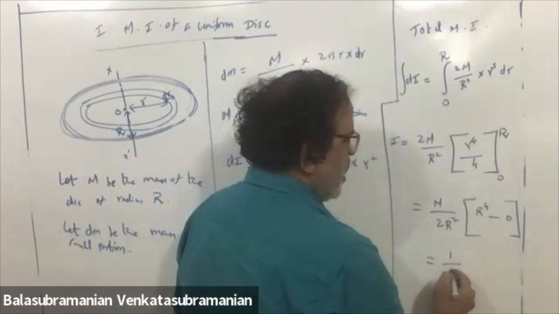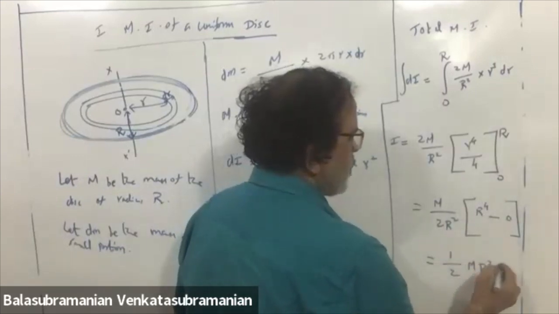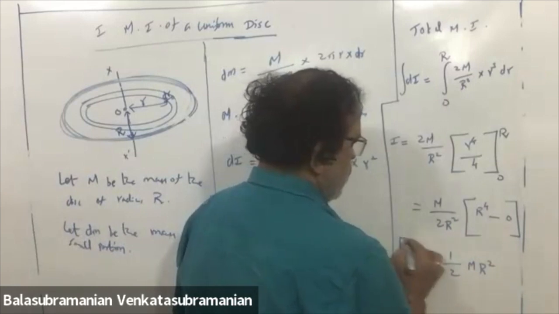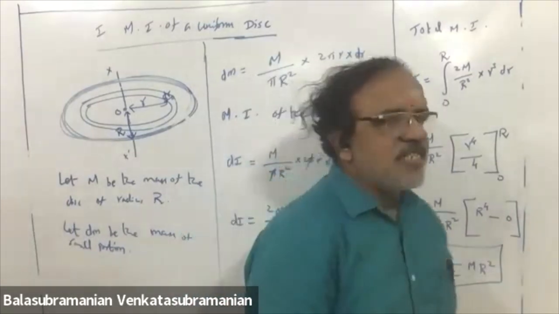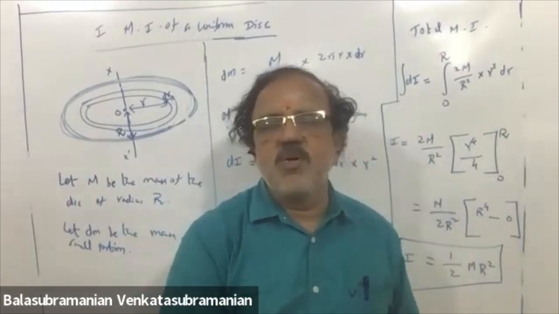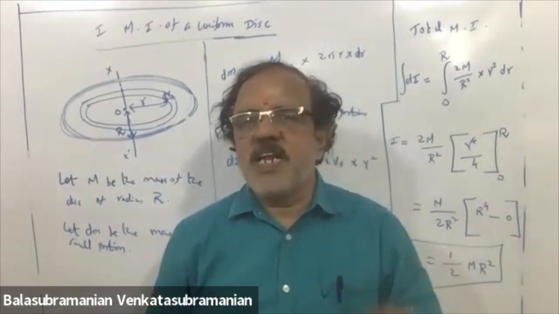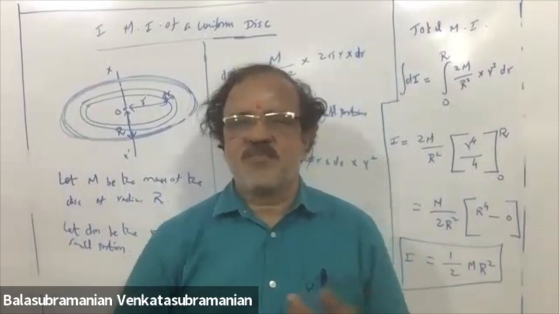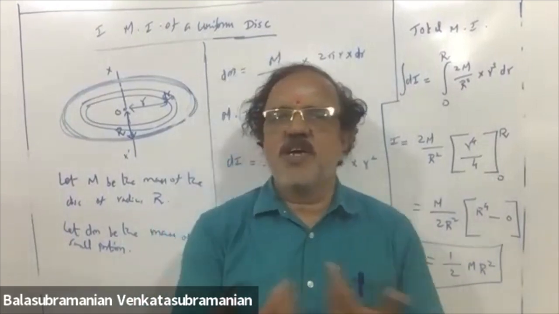You will get half mr square. So moment of inertia of a disc is mr square by 2. Moment of inertia of a ring is mr square. Half of that. Easily you can remember.